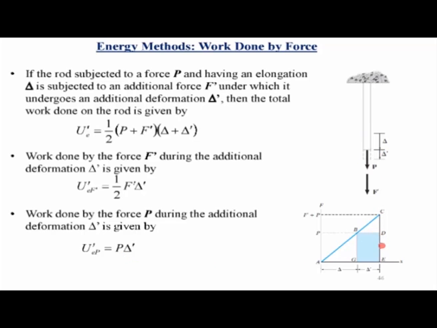That is the area of this shaded rectangular portion under the curve. So this triangular portion represents the work done by the additional load F dash, and the work done by the already existing load P to undergo the additional deformation is P times delta dash, so the half term does not come here for the load which is already existing. This concept will be used when we study the method of virtual work in detail.